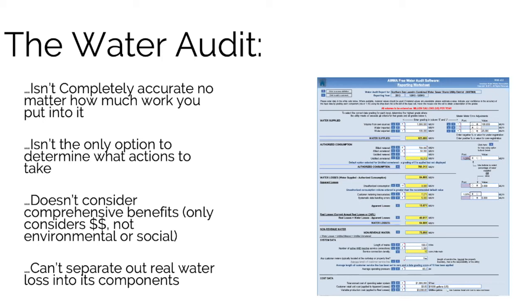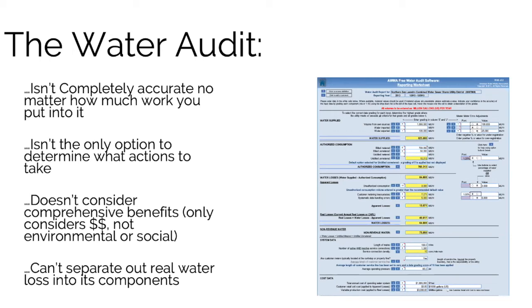And it doesn't discuss comprehensive benefits. It really only focuses on the dollars. So it's going to help you understand how much money you might be losing related to real water loss and apparent water loss, but it's not going to give you anything related to environmental or social benefits.